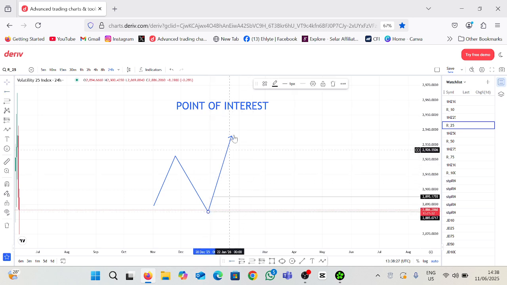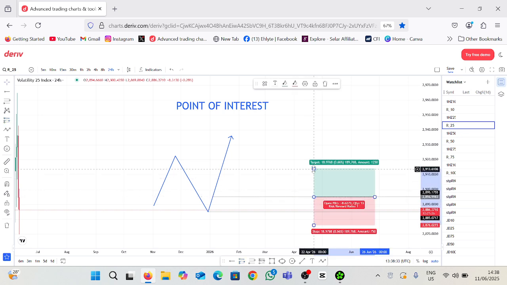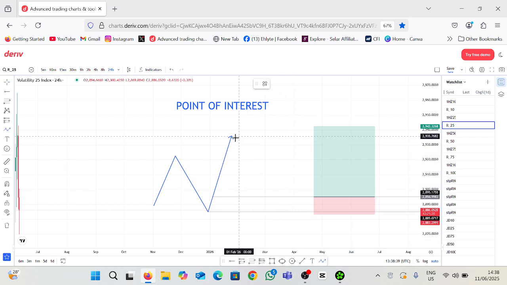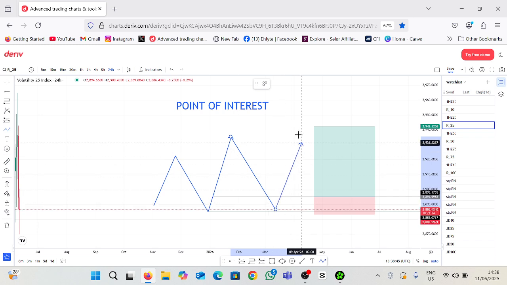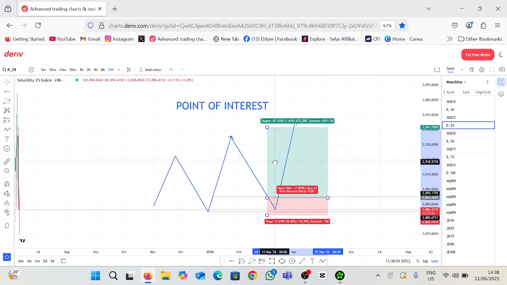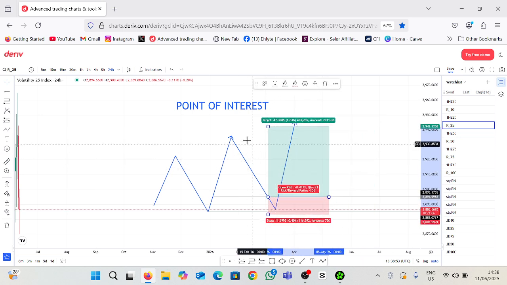What we're going to do is put our long tooth somewhere here, and then we expect price to come to this point of interest, and then go to the opposite direction. So this is what POI means with the basic market structure.